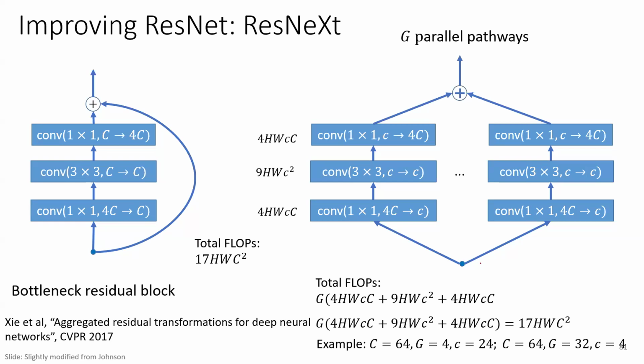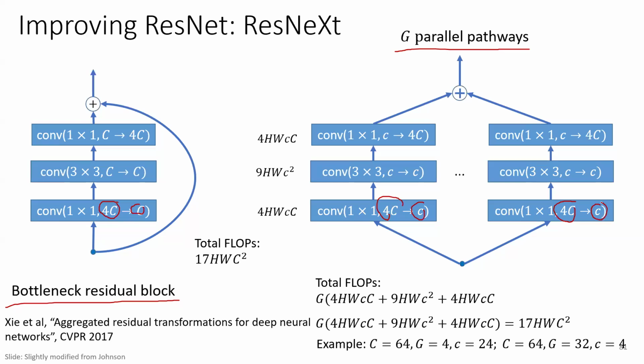Okay, so I will describe that briefly, not too much in detail. You can see the bottleneck residual block here. But in the group convolution, what they did was divide the number of channels into groups. You can see here 4C channels to C. Here what they did was 4C channels to small c, 4C channels to small c.